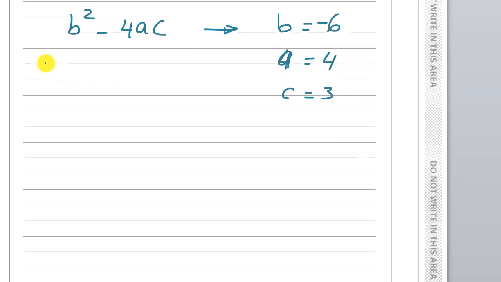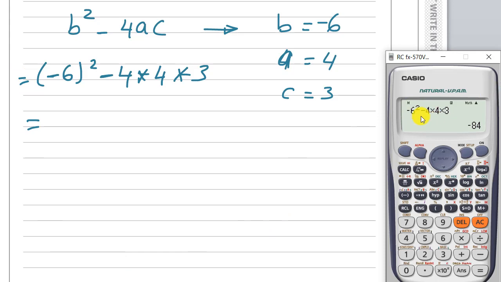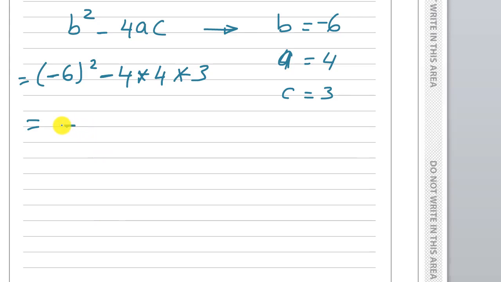So minus 6 squared minus 4 multiplied by 4 multiplied by 3. So this value is equal to minus 12, which is less than 0.